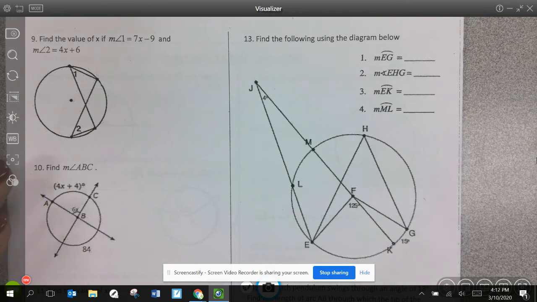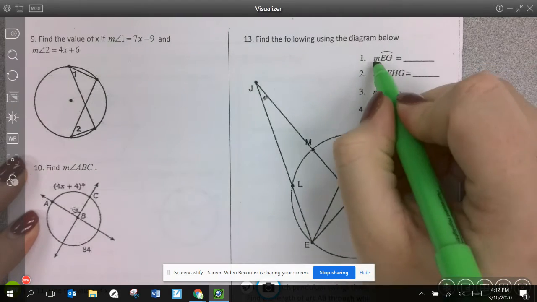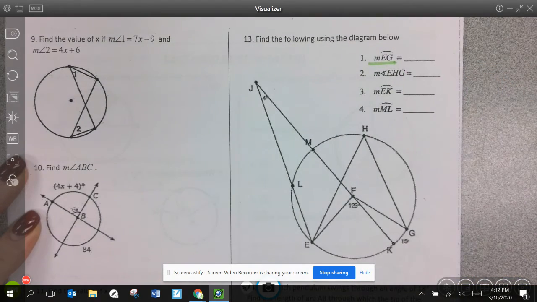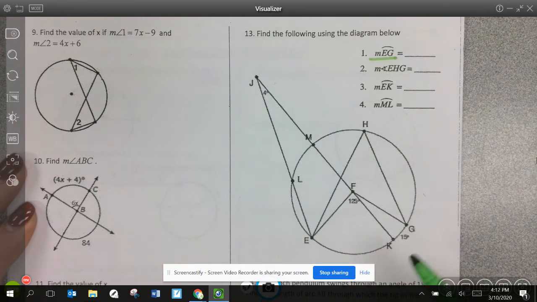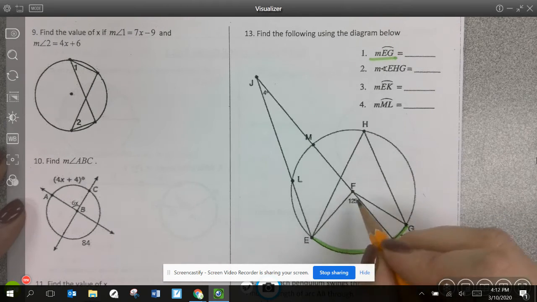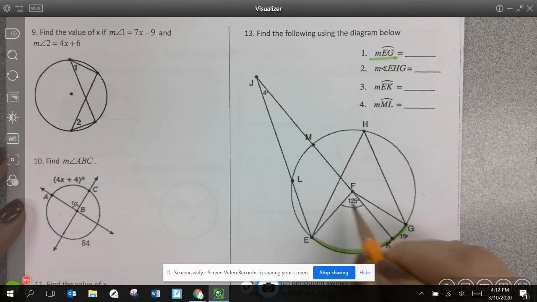So I'm going to look at question 1. Question 1 is asking me for the measure of arc EG. On my picture, I'm just going to take my highlighter and highlight arc EG. There's arc EG. Now, what I know is that this angle right here is 125.